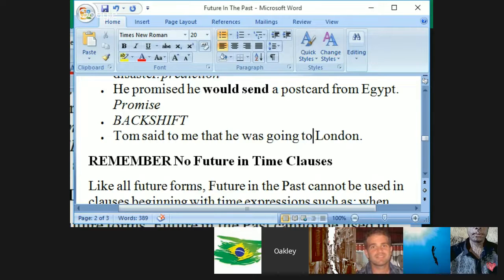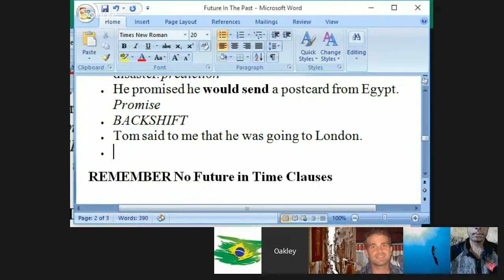Both constructions are equally valid, with a slight difference in meaning. So there's no exact rule. If he's going to London in a month, I don't care, use either one. You see what I mean? Very slight difference in meaning.